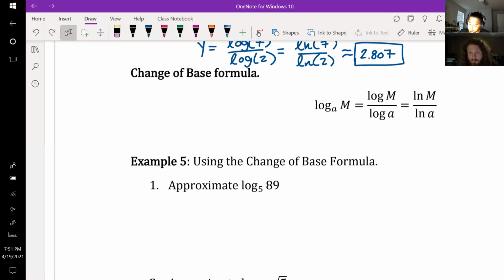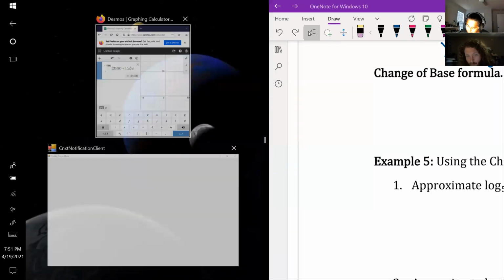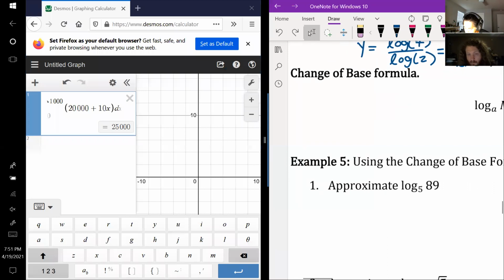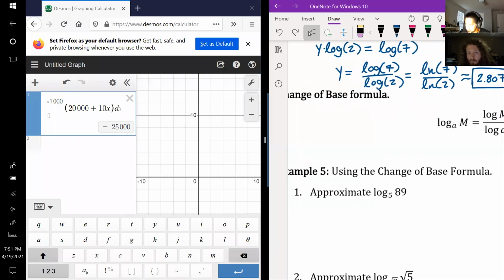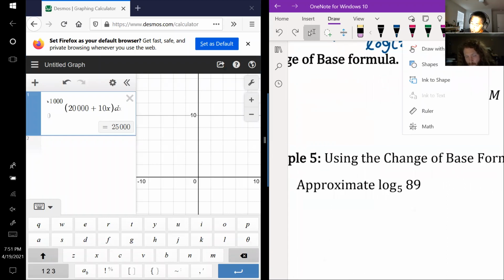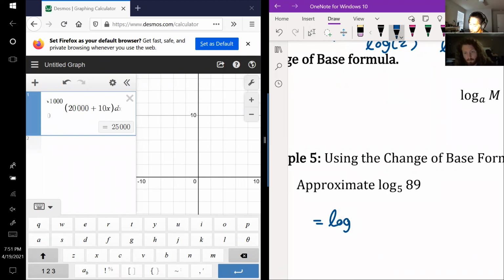And here, I'll even pull up Desmos. Hide this, hide that, hide this. And this says approximate log base 5 of 89. Well, we know that we can rewrite it as the log of 89 over the log of 5.